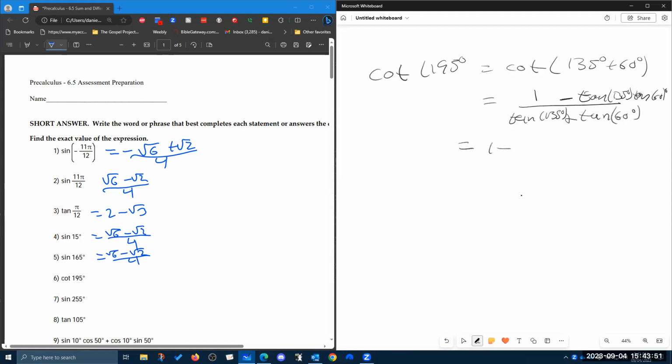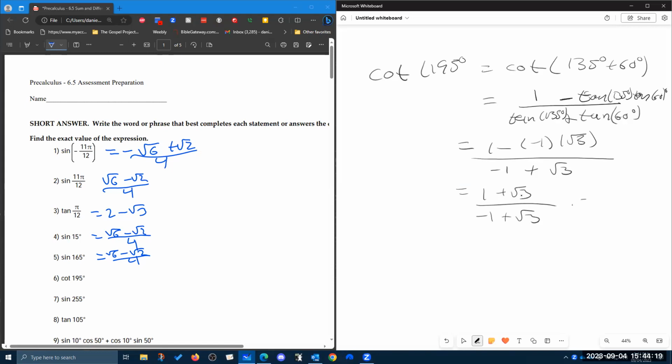So 1 minus tan of 135, which is negative 1, times tangent of 60, which is root 3, over negative 1 plus root 3 gives me 1 plus root 3 over negative 1 plus root 3.